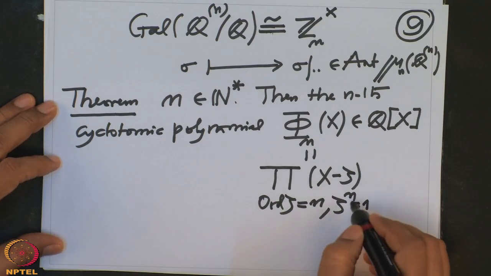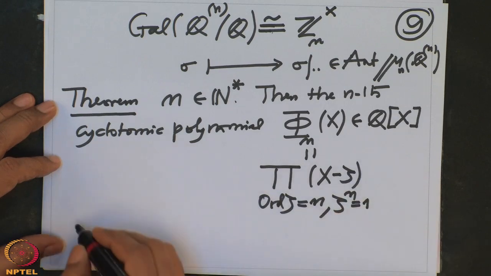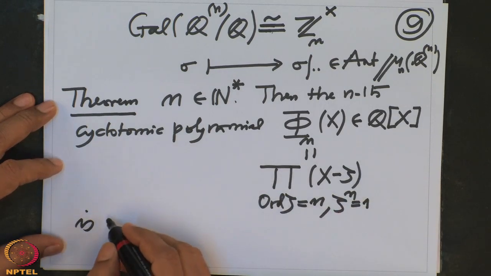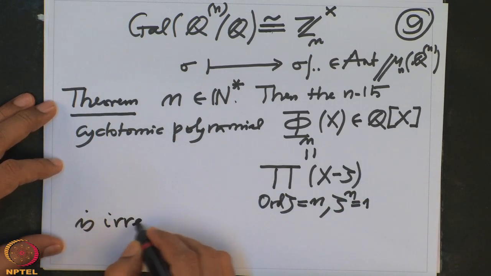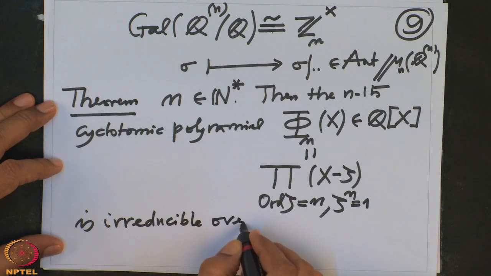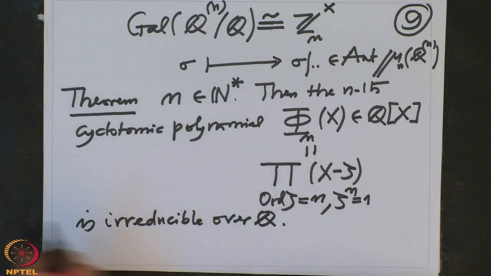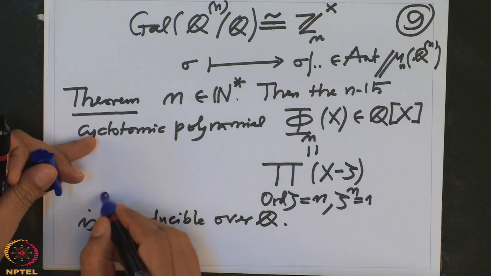So it is the product over the primitive nth roots of unity. This is irreducible over Q. Actually, I should write it better: it is a prime polynomial.